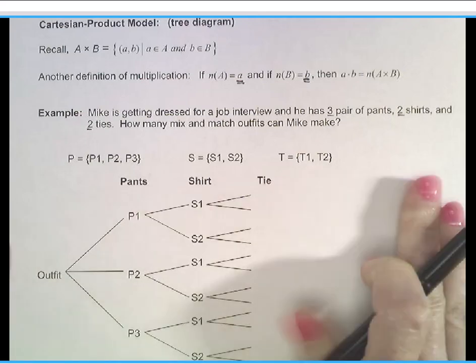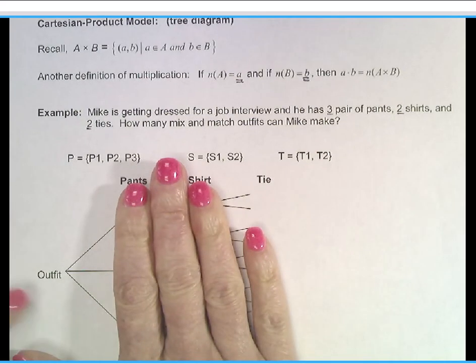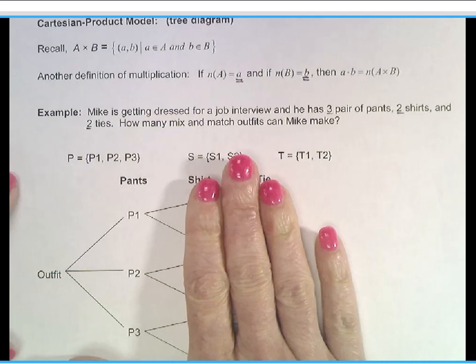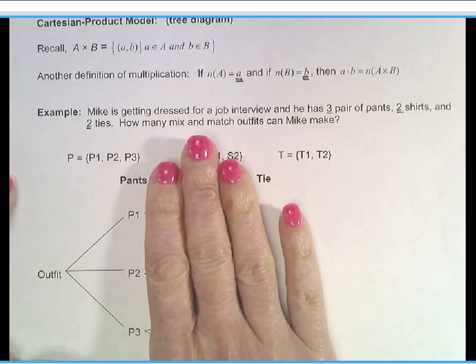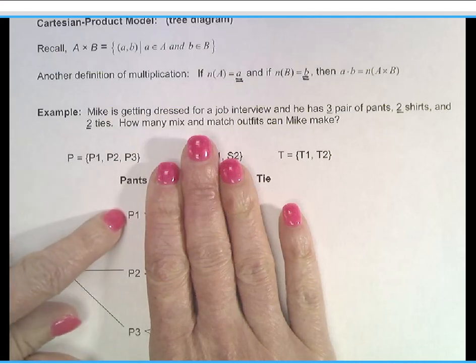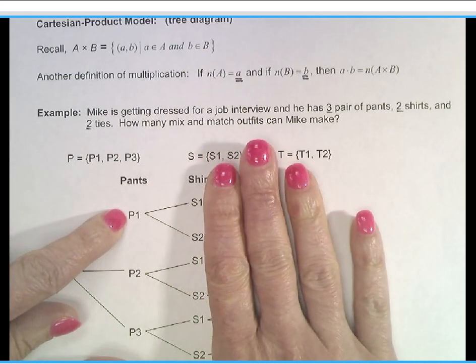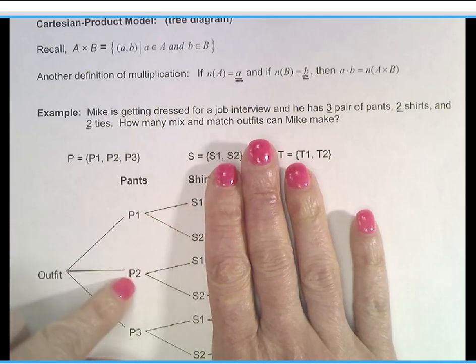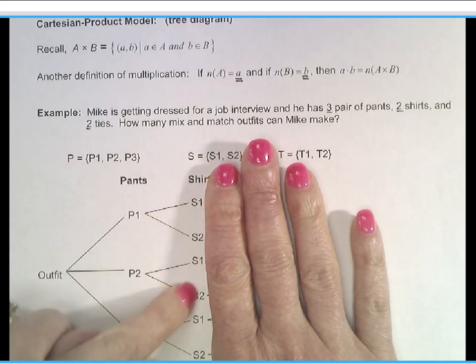So I'm just abbreviating to make it go easier. So the way that you read through this is you go, okay, so if I want to pick an outfit, if we start here, the first thing you do is you put on a pair of pants. So you have 3 choices, right? P1, P2, or P3. That's your first choice that you have to make. Once you've chosen a pair of pants, then you pick a shirt. So if you pick pants 1, you might pick shirt 1 or shirt 2 to go with it. Or if you pick P2, you can pick shirt 1 or shirt 2 to go with it.